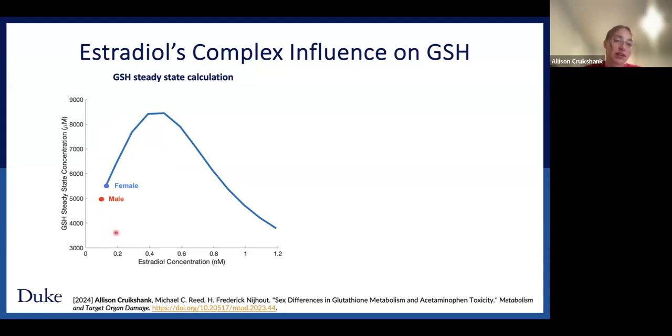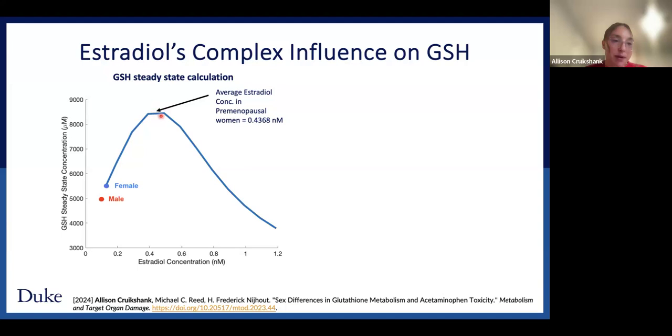That's the significance of this estradiol range I chose for this graph. If you take the average estradiol along the menstrual cycle for premenopausal women, you get 0.4368 nanomolar. So that puts them at this point right here.